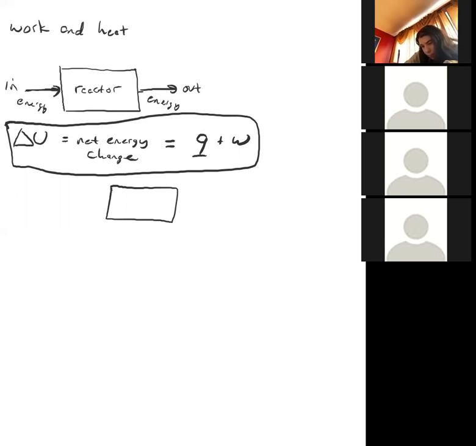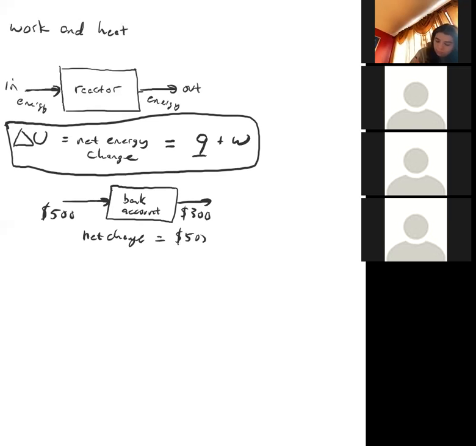So if you have a bank account, money can go into the bank account. So let's say $500 goes into your bank account, but then $300 goes out, right? The net change would be 500 minus 300.